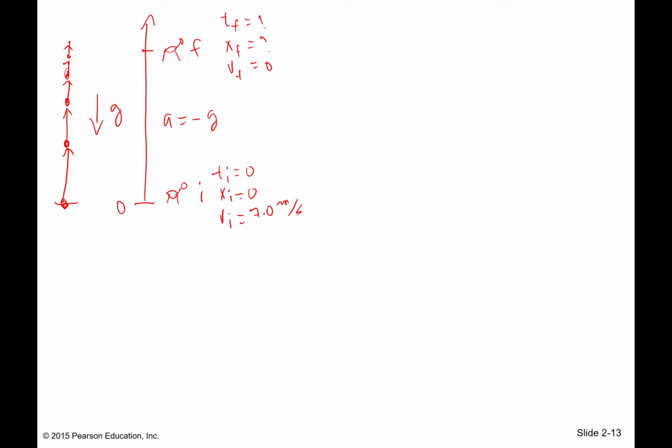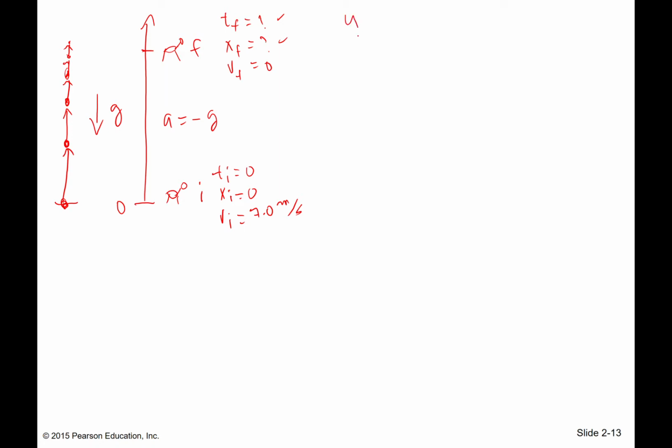So now we can go ahead. This is our step in preparing the problem. We now have a pretty good idea of what we need to find. So let's write our three equations.